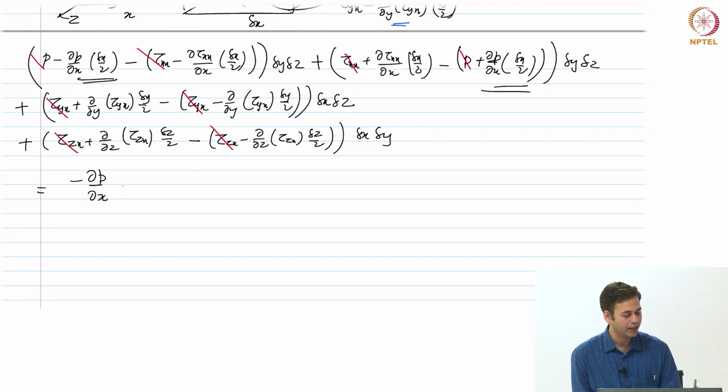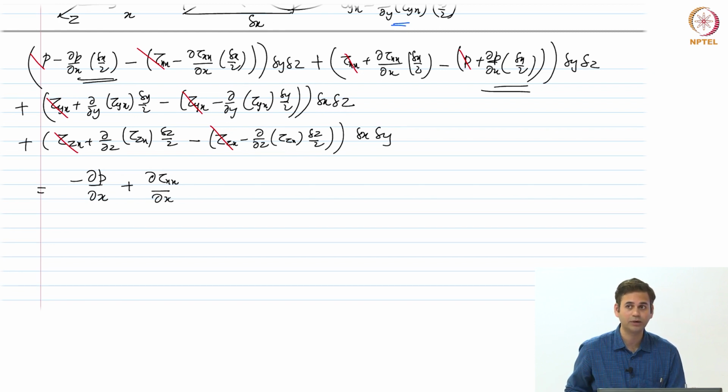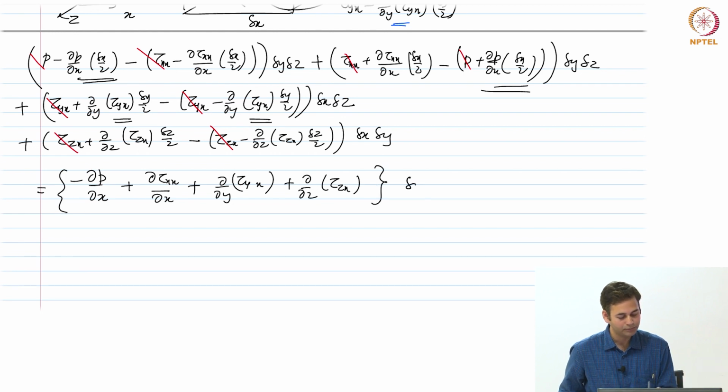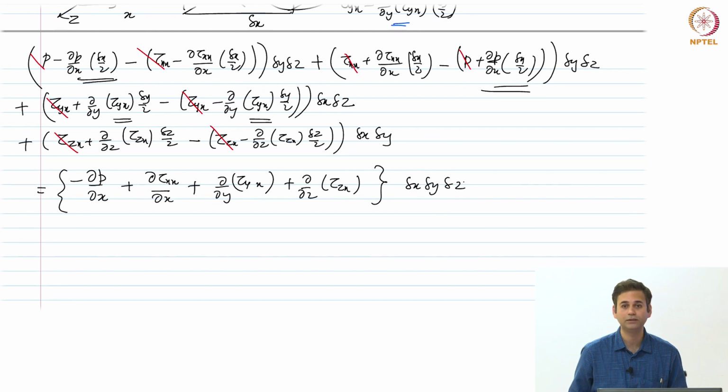Then we have plus partial tau xx by partial x, again multiplied by delta x delta y delta z, and then we have plus another half here and a half here, that would be partial y tau yx, plus partial z tau zx. All these quantities are multiplied with delta x delta y delta z. Is that correct? Do you all see that?